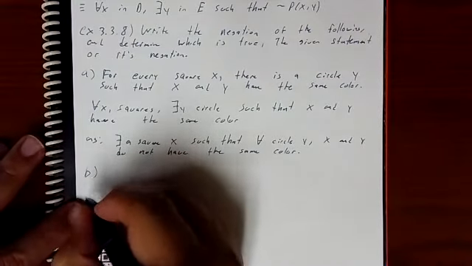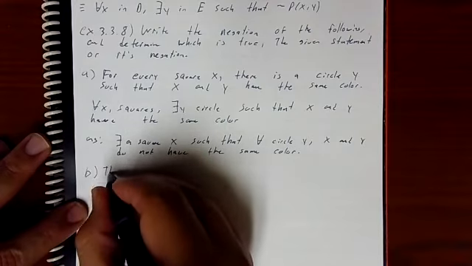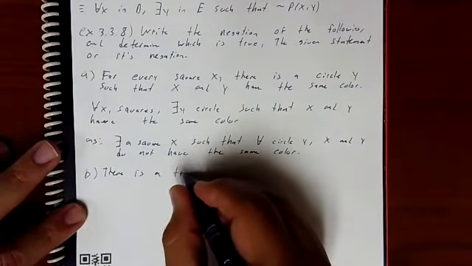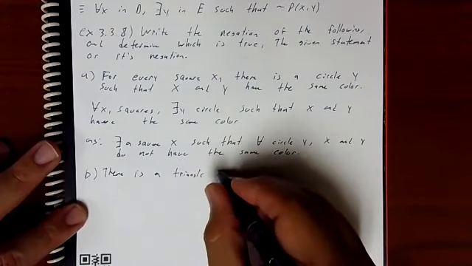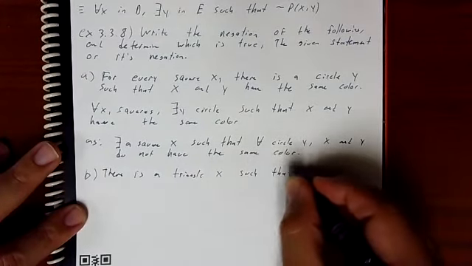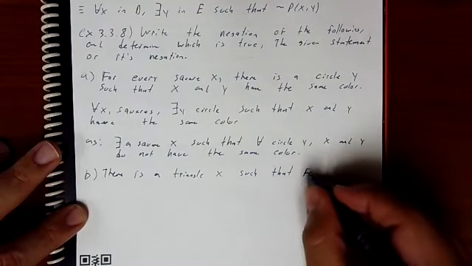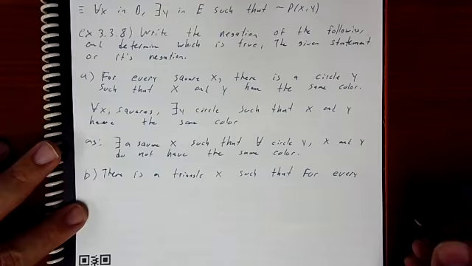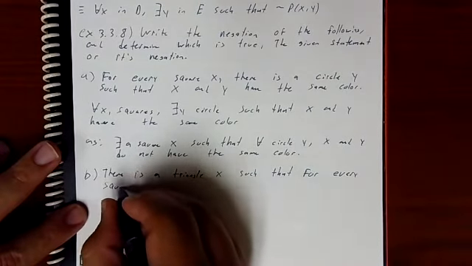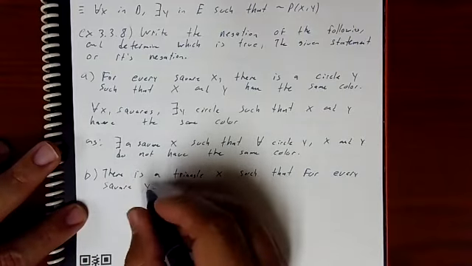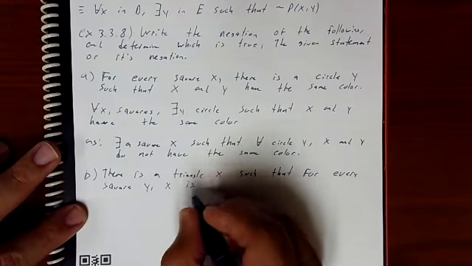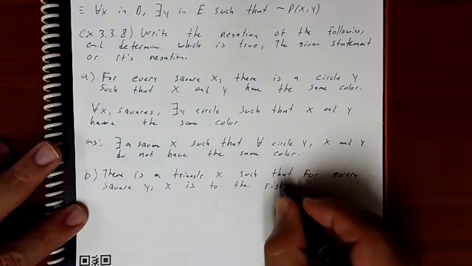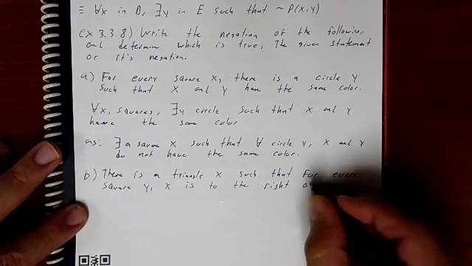Okay, let's do part B. There is a triangle x such that for every square y, x is to the right of y.